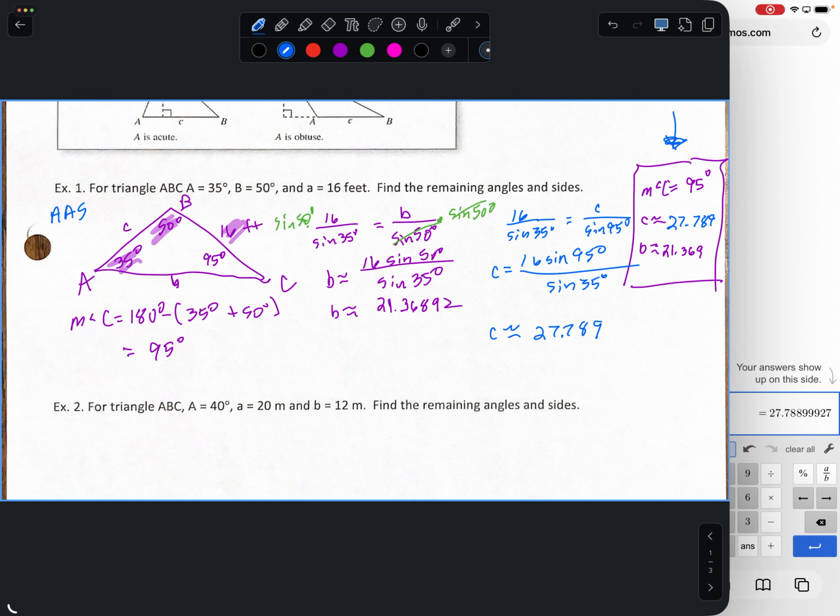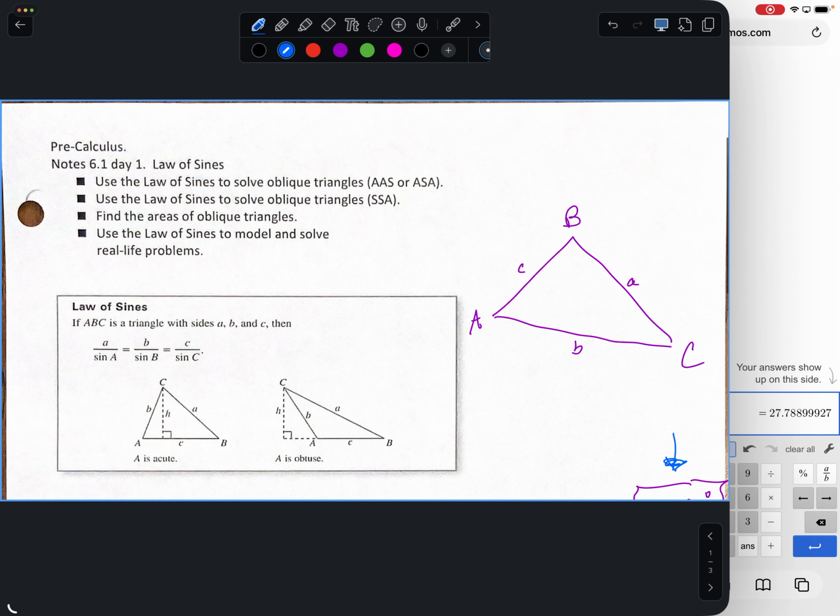And what that means is there is only one triangle that has these measurements. Tomorrow we're going to get into what's called the ambiguous case, where there could be a second triangle, but we're not doing that today. But that's angle, side, and that was noted up here.